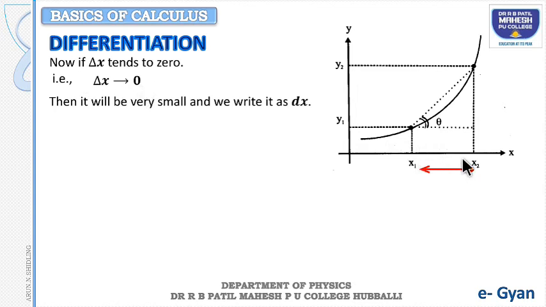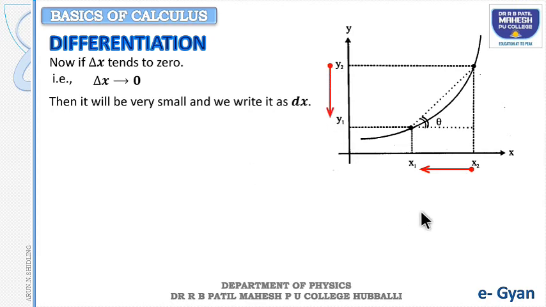That means the difference between these two is very small, so I'll write it as dx. If this is the case, then y2 also has to tend towards y1, because if x2 is tending to x1, then y2 should also tend to y1.